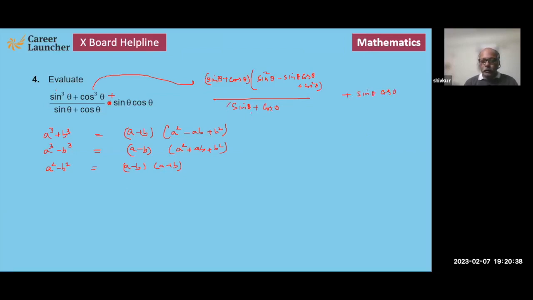So this is going to get cancelled out. What am I left with? I'm left with sin squared theta plus cos squared theta minus sin theta cos theta plus sin theta cos theta. This gets cancelled out and we are finally left with only 1. So the answer to this question is 1.